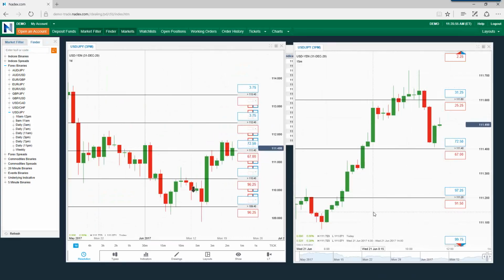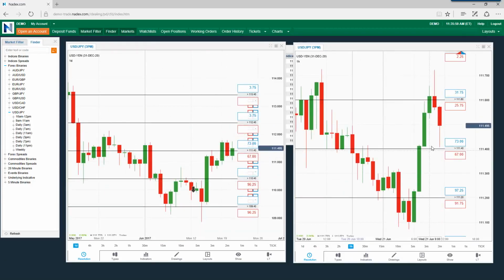It would be important for me for them to break that high. That's when I go down to a 60-minute chart and say, okay, I'm going to wait and see what this price bar does. If it continues to be a reversal bar, then you could potentially have an entry point. But then you have to consider, do you want to use out of the money? Do you want to use in the money?